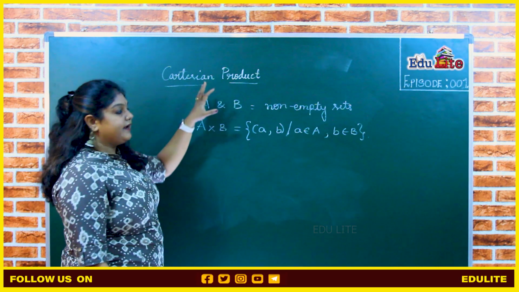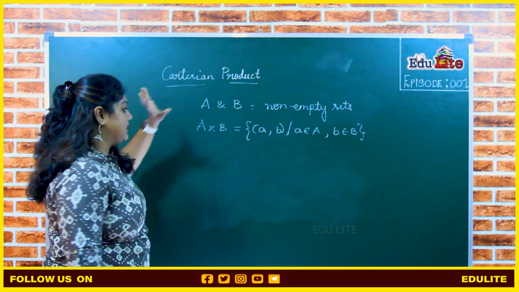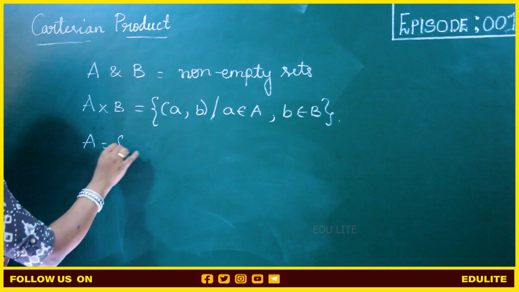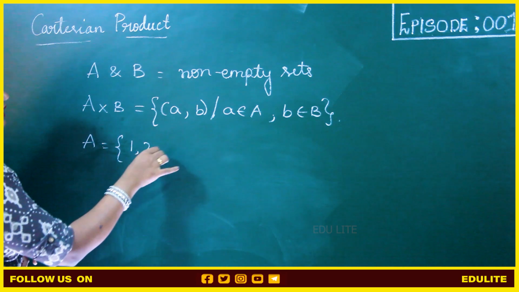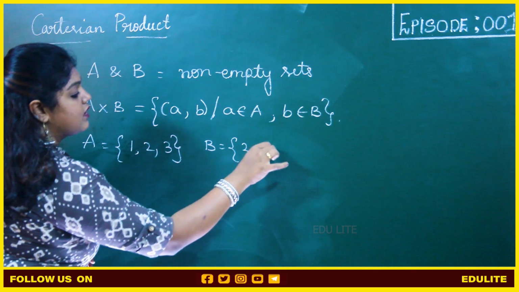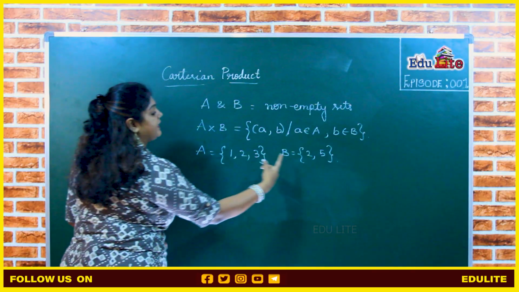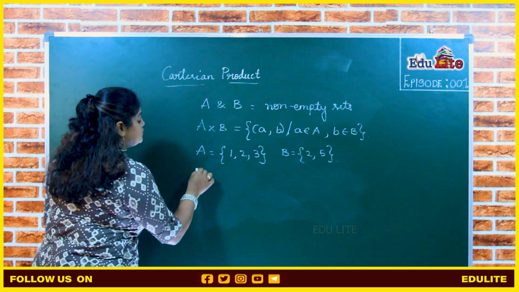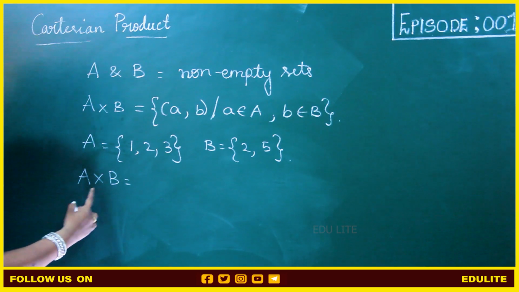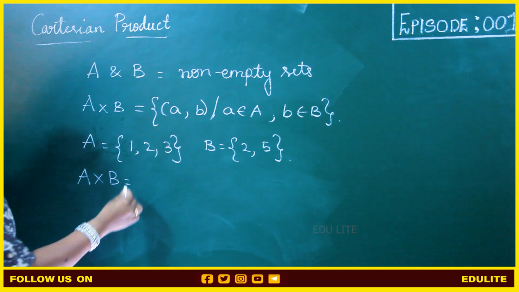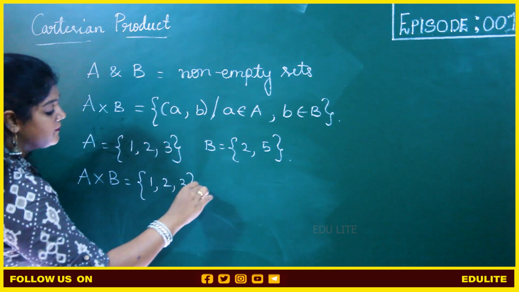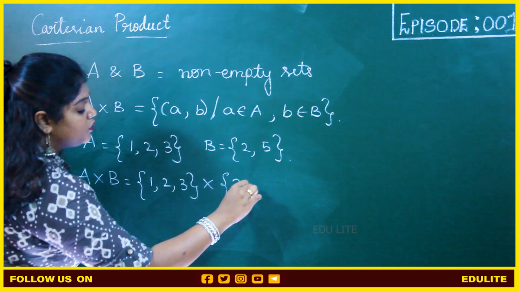In order to understand the Cartesian product, we will see a few examples. I will consider two sets A and B. A set I am considering as {1, 2, 3}, and B set I am considering as {2, 5}. So now we will write the Cartesian product for these two sets, which is denoted as A cross B. We should pronounce this as A cross B. So I will write the A set first, {1, 2, 3} cross {2, 5}.